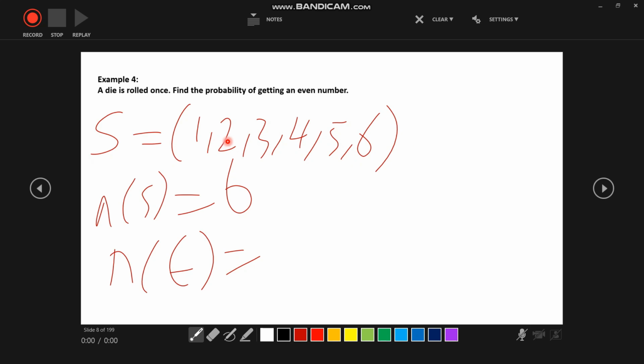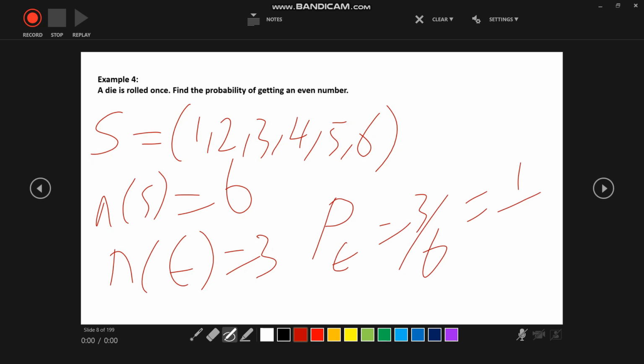Any number that 2 can divide with no remainder is an even number. So 2, 4, 6. So we have 1, 2, 3. We have 3 favorable outcomes in this sample space. So our number of favorable outcomes will be 3. So the probability of getting an even number will be 3 over 6, and this will be 1 over 2.